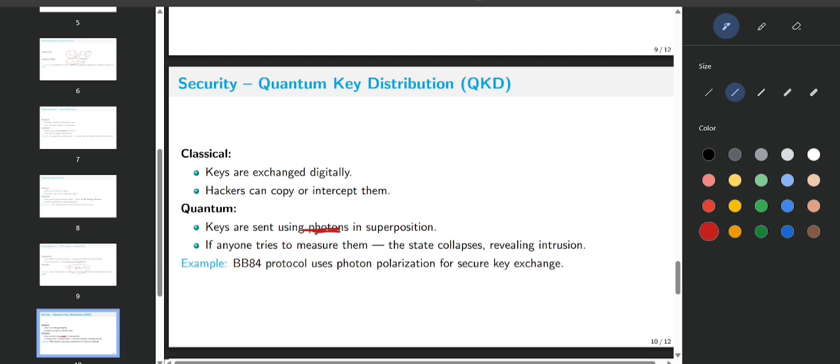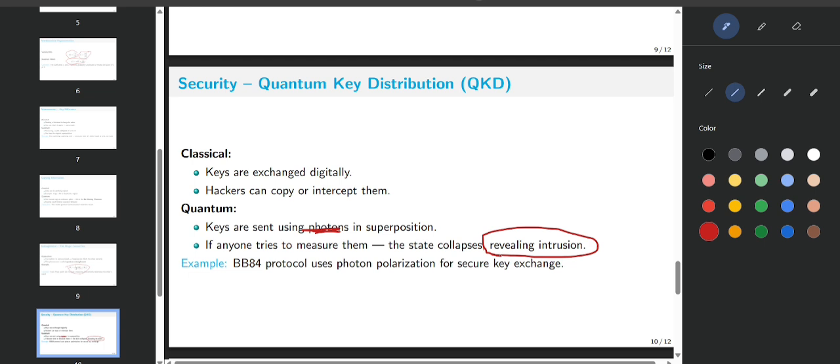If someone tries to spy or hack by measuring them, the quantum states collapse, immediately revealing that someone is eyeing our system. This is called quantum key distribution, or QKD. It makes quantum communication ultra secure.